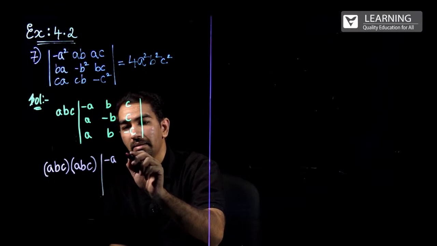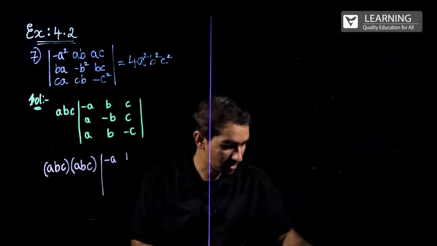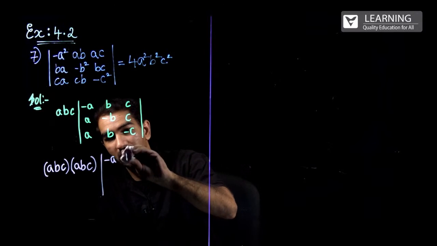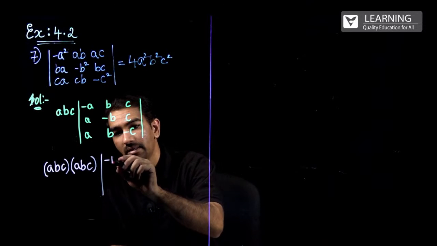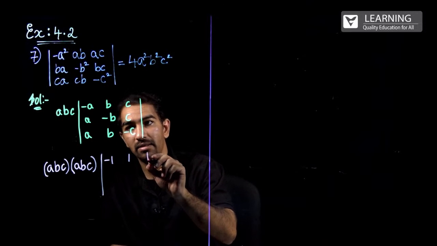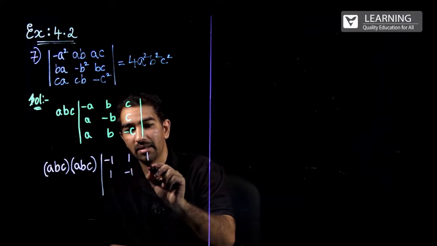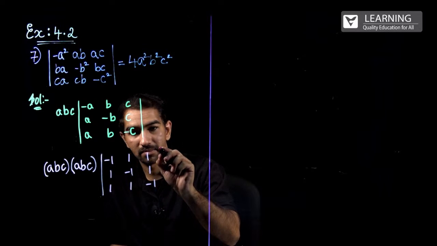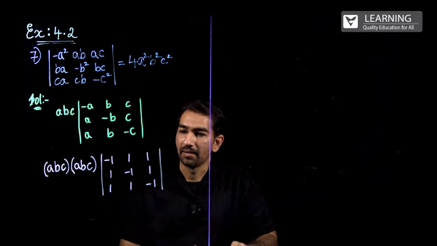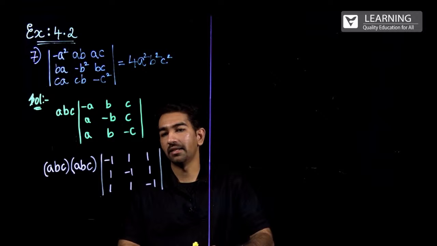Once ABC goes out, only the numbers will remain inside, correct? So that will be minus 1, 1, 1, 1, minus 1, 1, 1, 1, minus 1. This is what will remain inside the determinant.